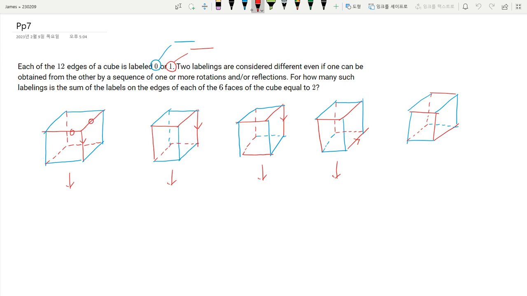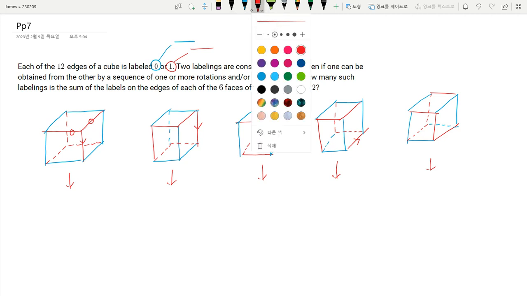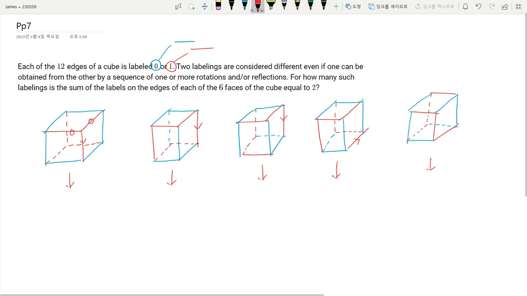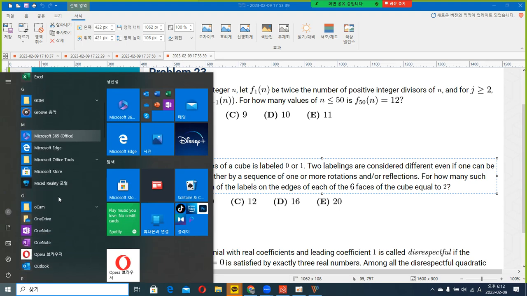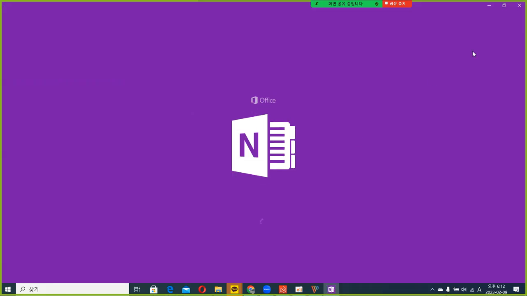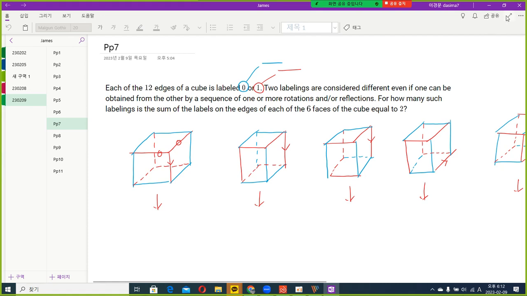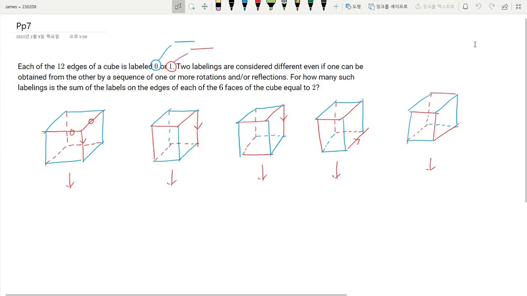And then for this case, we can think of the two sides as parallel. Two red, I mean this way. So these two sides are parallel like this. No, no, not exactly.